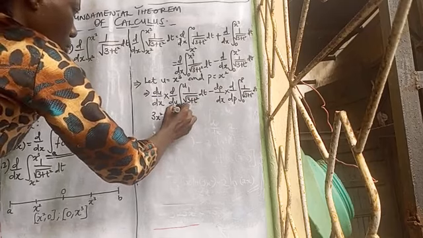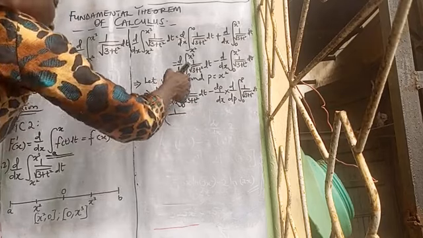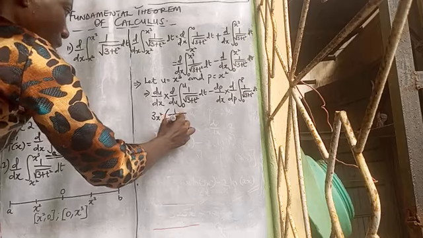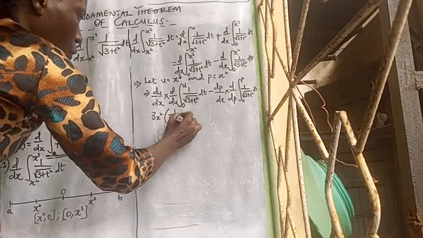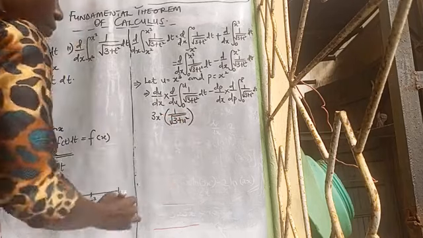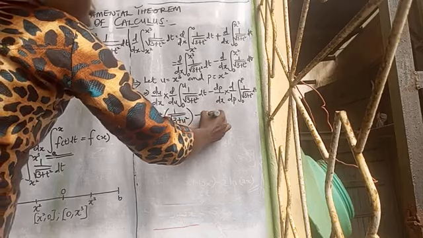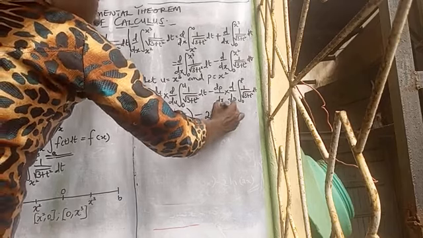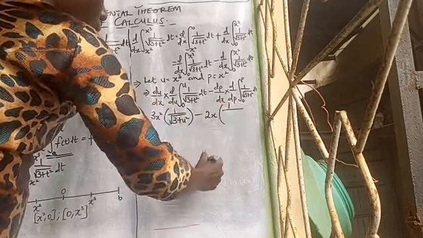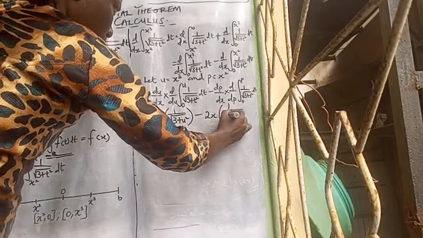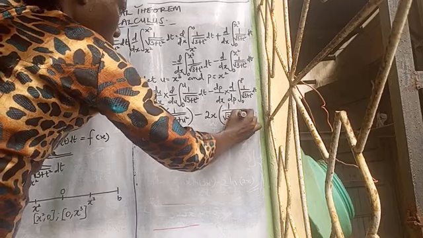And so this becomes what? 1 over, that will now be f of u, 1 over the square root of 3 plus u squared, minus dp/dx, 2x, times 1 over square root of 3 plus p squared.